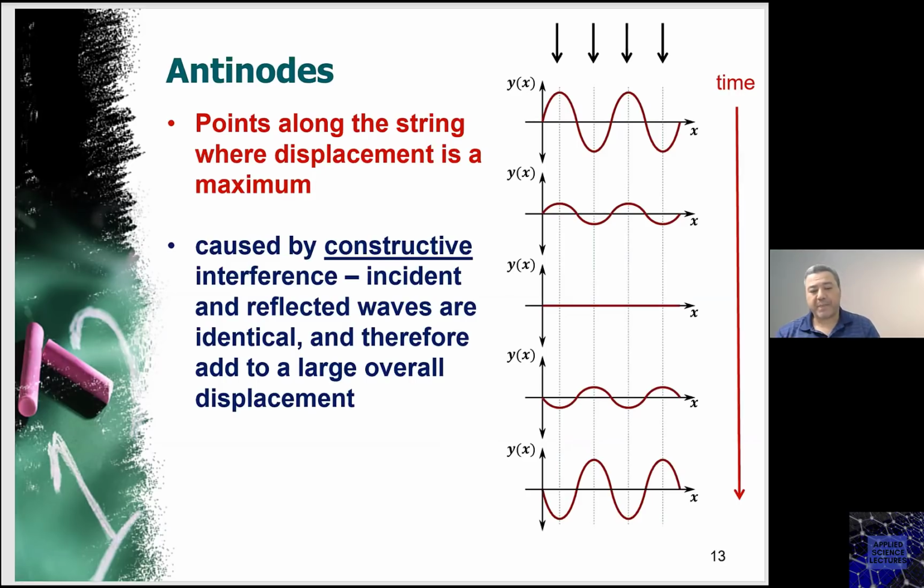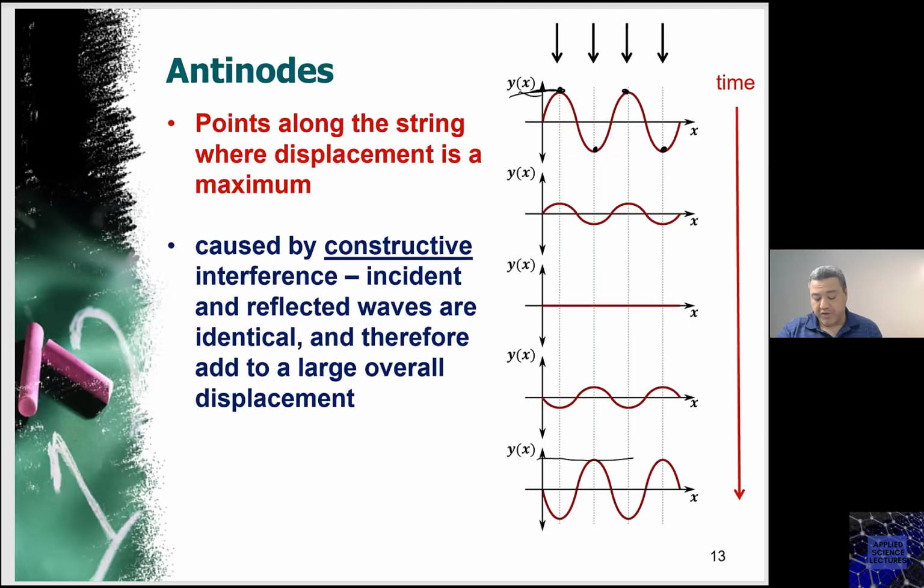Now, the other distinguished points are those points right here. Those points reach a maximum of double the amplitude. Why? Because when they are constructive, they will add a plus a, and this becomes 2a at the maximum, and then they go back to 0, and then again they flip. The positive becomes negative, and the negative becomes positive.